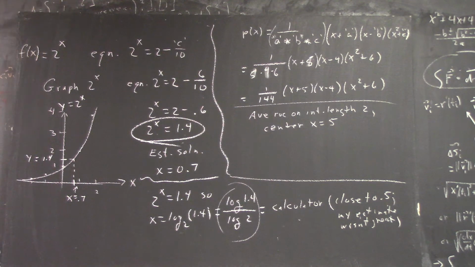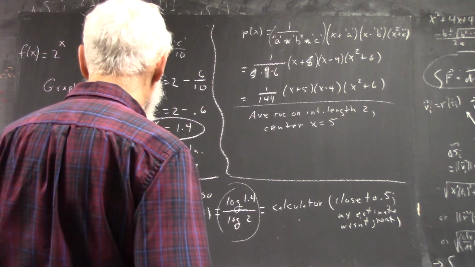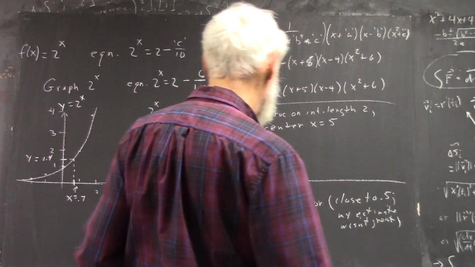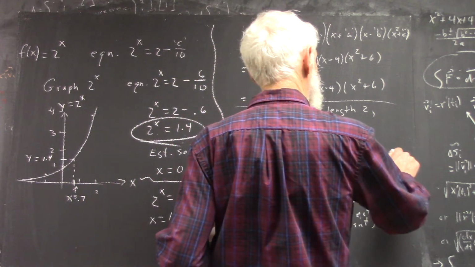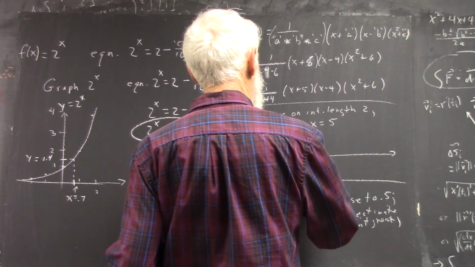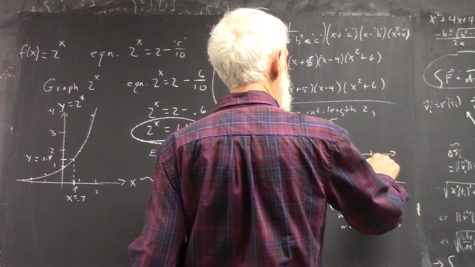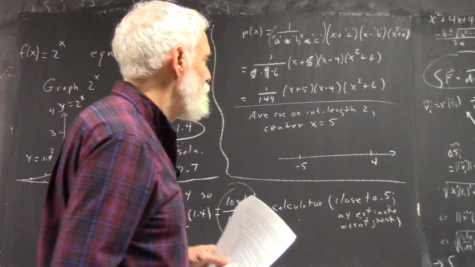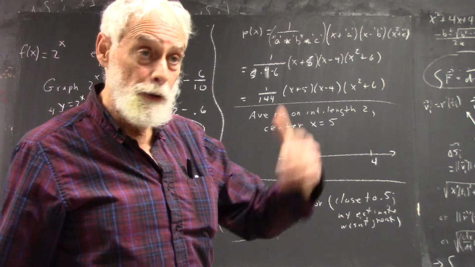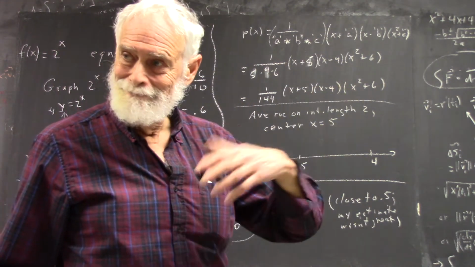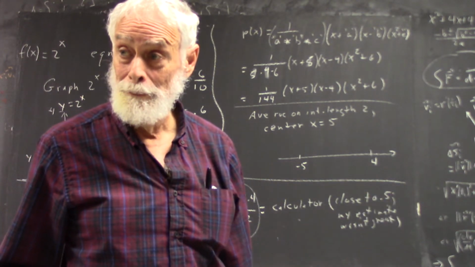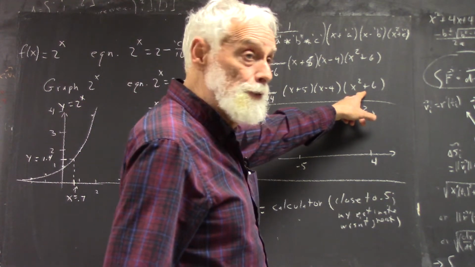What do I mean by an interval of length 2 centered at x equals 5? Well, if you've sketched a reasonable graph, at least you'll know that the zeros are at -5 and 4. And x squared plus 6 can't be 0, because x squared is never negative, and anything that's not negative added to 6 is going to give you a positive number, right? So in this case, this thing's never 0.